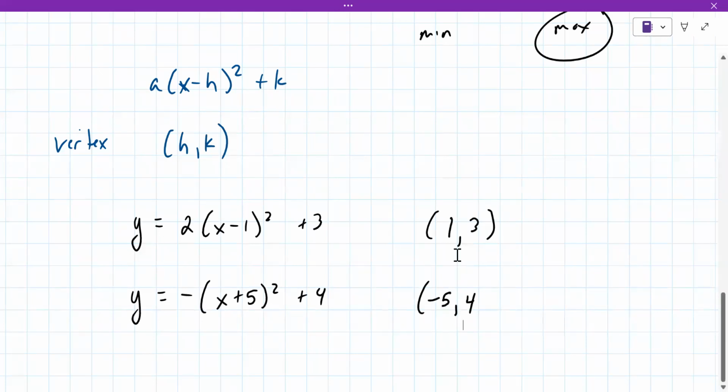Now, how did I get these numbers on the right from the ones on the left? So the 1 comes from inside parentheses. See how it's -1 here and it's +1 here? You see how it switches signs? What about the 3? Does it switch signs?